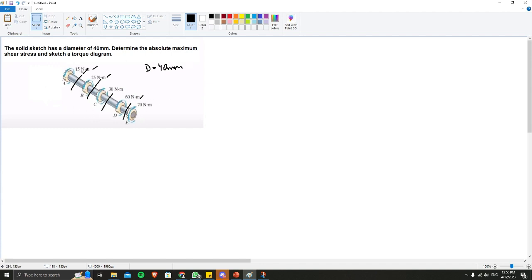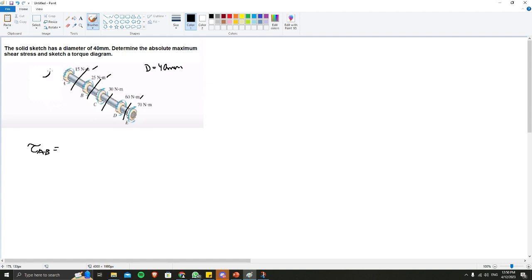So first of all, we have to break down the torque by each section. So the first one is for TAB. For TAB, first we have to determine whether it is positive or negative.